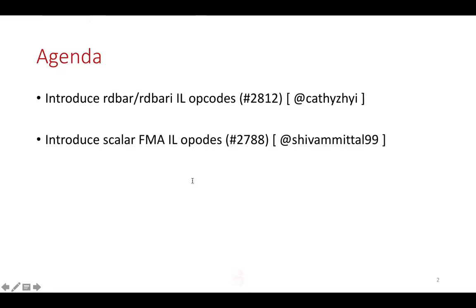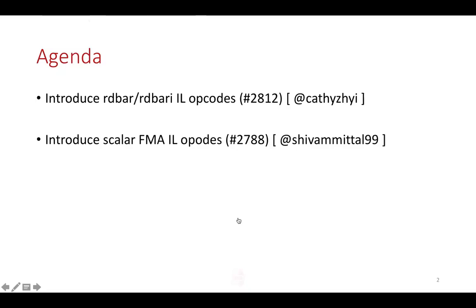The proposal is to add IL opcodes. I'm going to speak on behalf of Shivam, who is working at the moment on adding support for FMAs into OMR. This isn't necessarily for languages like Java, but there are uses of this in Java.